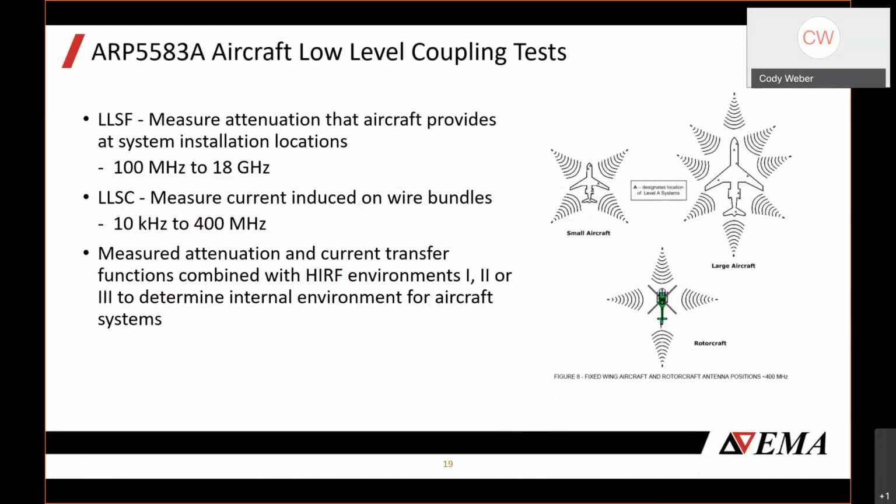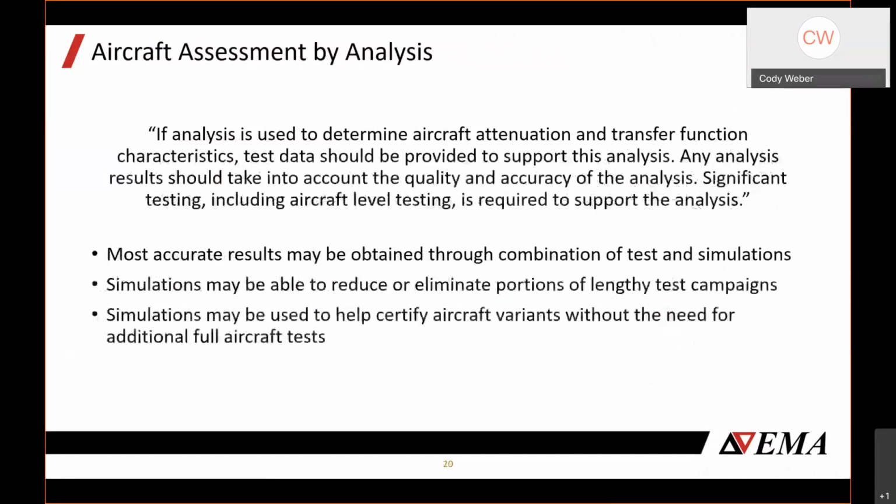And you'll also have to do characterization of your bundle currents on your harnesses from 10 kilohertz to 400 megahertz. And so this is typically done by applying an environment to your aircraft at a low level, and you get a measurement, and then use a transfer function combined with the HIRF environments listed before, 1, 2, or 3, and then that information is used to specify your aircraft environment for certification purposes.